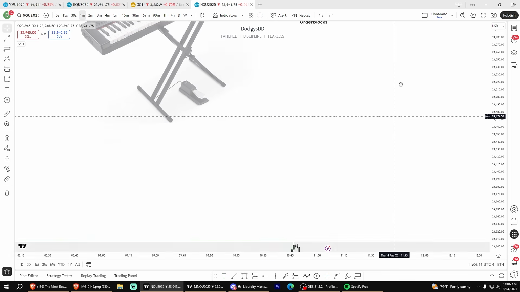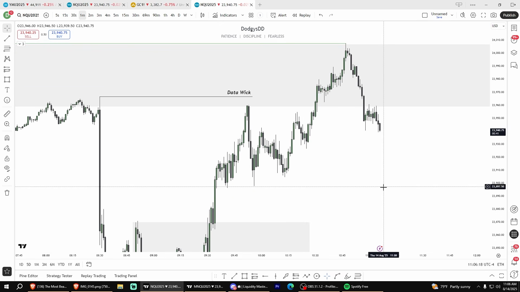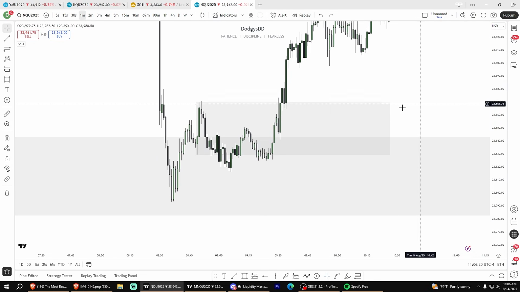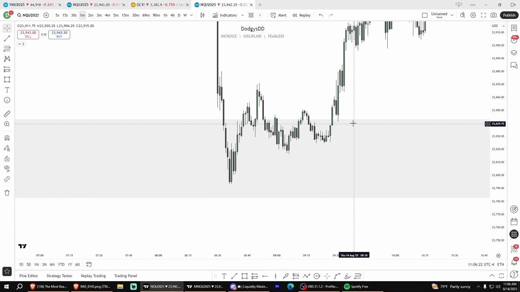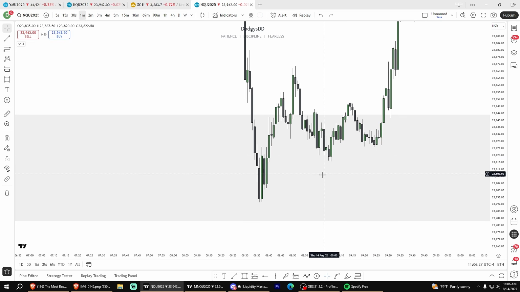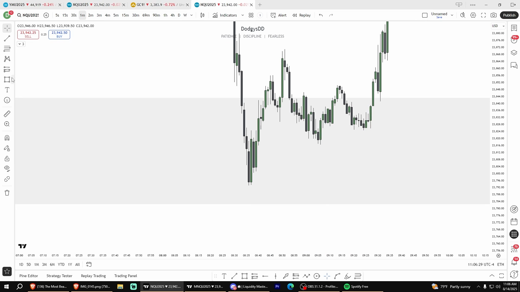For those of you who don't know, an order block is basically a candle that I call sandwiched between two other candles. This candle right here would be an order block because it's sandwiched between this green candle and this green candle.